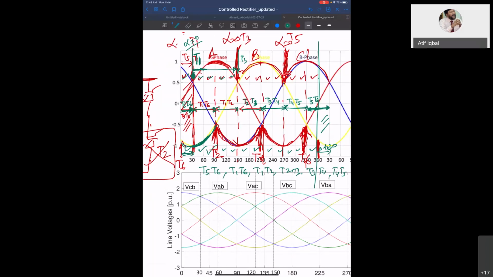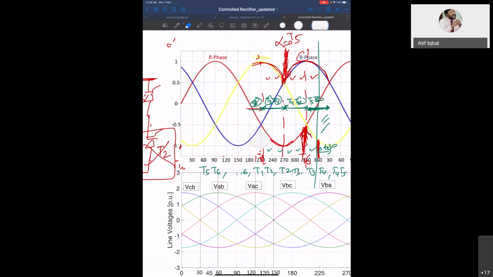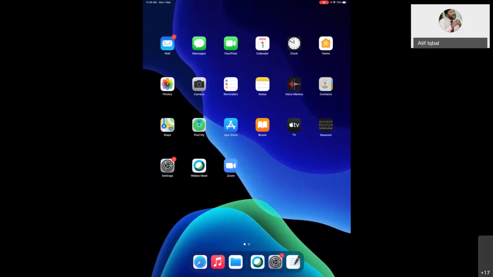So you see 1, 1, then 3, 3, 5, 5. Then similarly 6, 6, 2, 2, 4, 4, like this. Let me do it once again, because if you understand this for alpha equal to 0, you can do it for all of them.